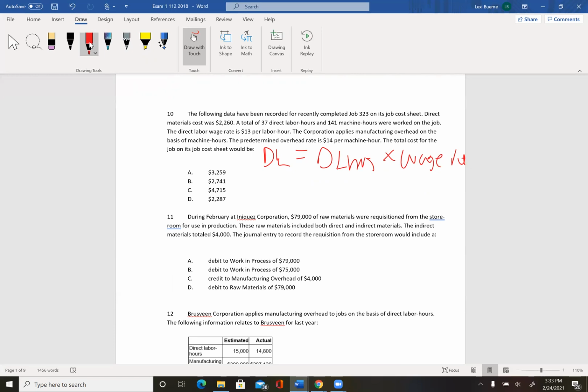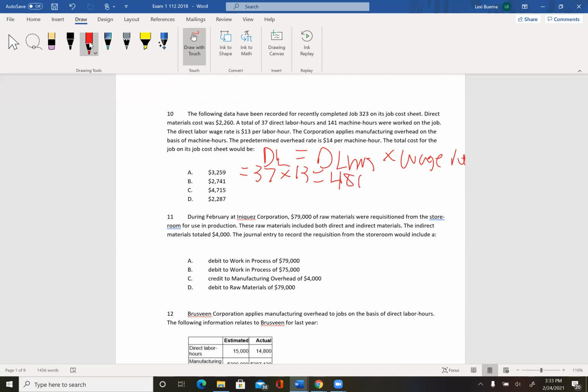Sorry, that's supposed to say rate there. It got cut off. So that's going to be 37 direct labor hours, multiplied by 13, which is the per labor hour. So the total direct labor cost is going to be 481.